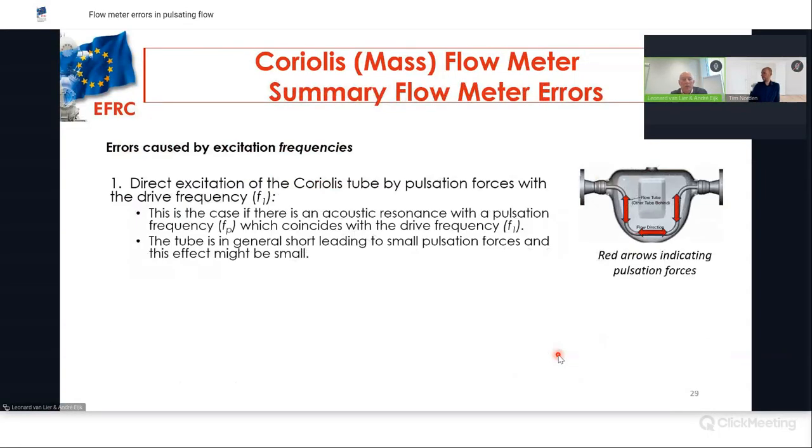Possible flow meter errors. The first is what we call the direct excitation, and that is an excitation by pulsation-induced shaking forces. If you look to the right-hand side picture, this is a U-tube. These red arrows indicate the pulsation-induced shaking forces, which are always in the axial direction of the pipe. So you have 3 forces here with a phase shift, and also a different amplitude is possible.